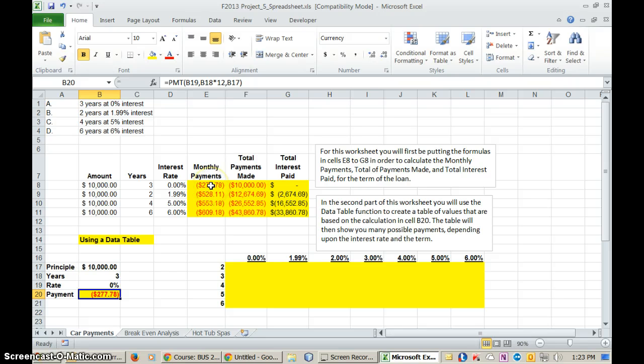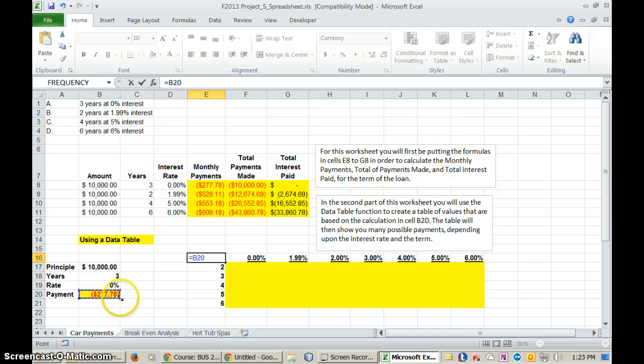and of course we get the same answer that we got up above, 277.78. Now to link this model to the data table, you actually have to go to this upper corner of the table and link the sample formula by saying equals and then telling it where the result is in the model.